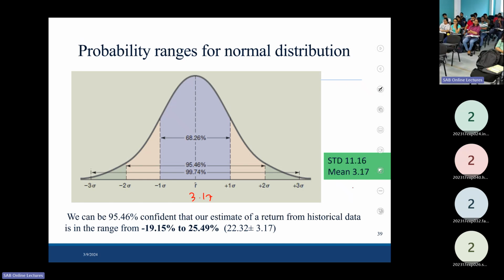These are the real values we got from the data, so you convert them using a formula to fit the normal distribution. But anyway, here we can simply say we have 95.46 confidence that our estimated return from the historical data, using the past data sample, will be within this range.